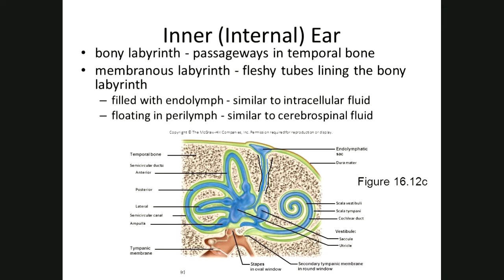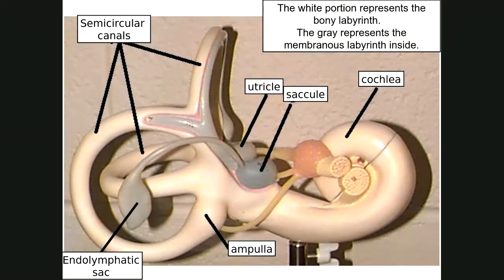The glove is sort of like the bony labyrinth, and your hand is sort of like this one, which is called the membranous labyrinth. So the membranous labyrinth is a membrane tube that lines the bony labyrinth. If we look at it in another view, this is what it looks like if you were to pull it out.